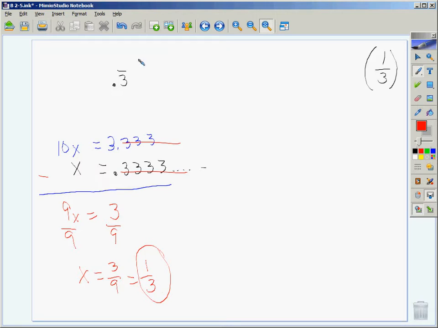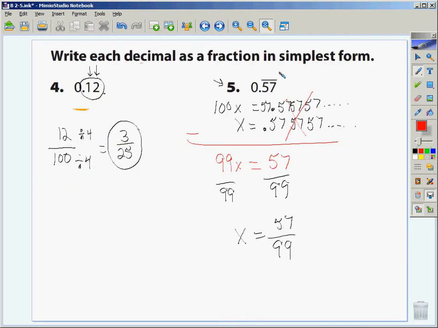I looked at this number and said it's only repeating to the tenths column, so I multiplied by 10. In the last one, it was repeating 2 places, the hundredths, right? So I multiplied by 100. If there was 3 places repeating, what would I multiply by? 1,000.